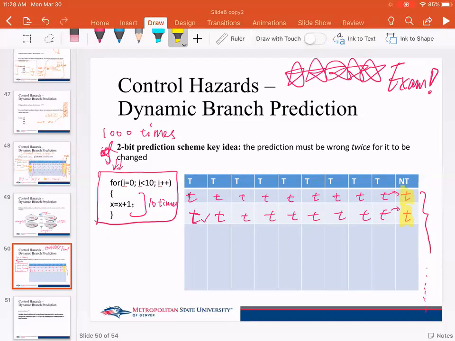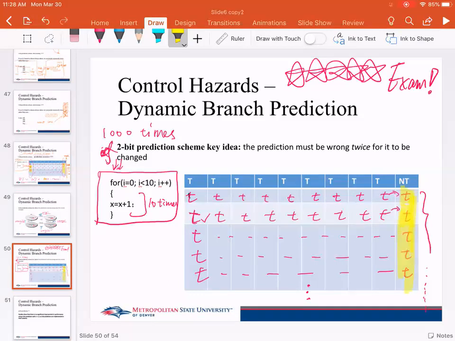I will keep my T. So I'll have a T again here. And then you know what's going on. So in general, you always have T, many rows, and the last row is always T. However, it is always wrong.